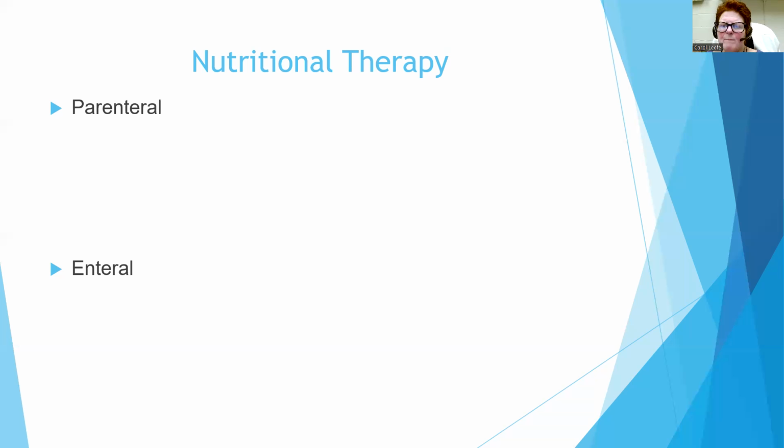That means maybe they have some GERD and it's coming up and they're aspirating on it, and it can cause aspiration pneumonia. So we need to keep the head of the bed elevated at least 30 degrees at all times.